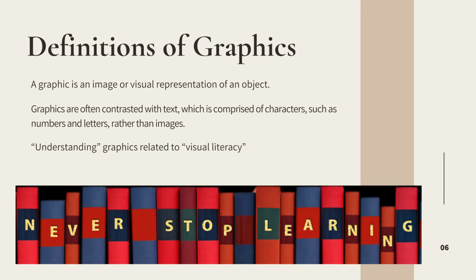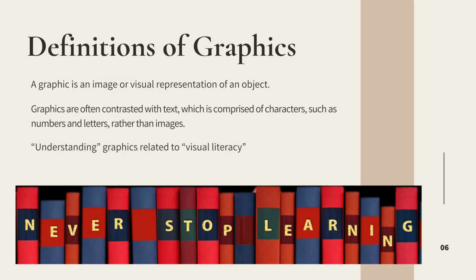So what do we actually mean by graphics? Graphics is any image or visual that represents something, for example an object or whatever it is. So we usually use graphics to show the students some objects, so it makes the student understand and see this real object in real life.